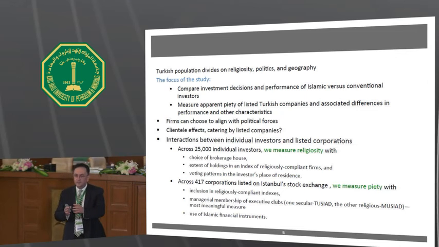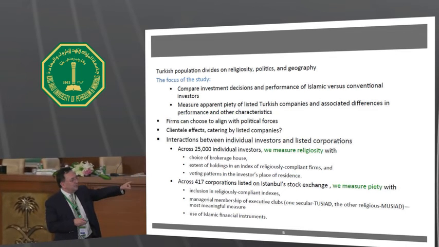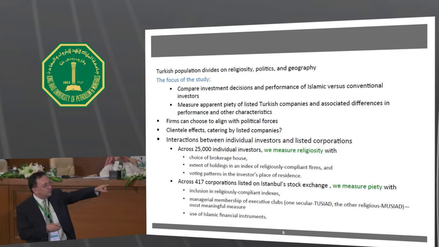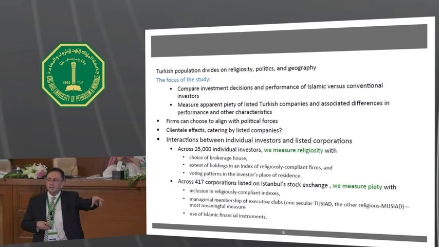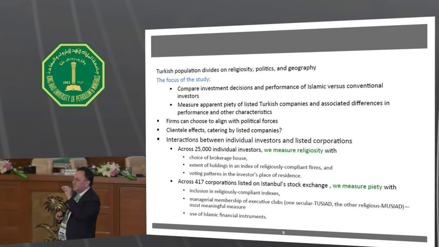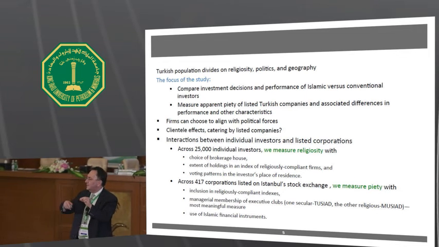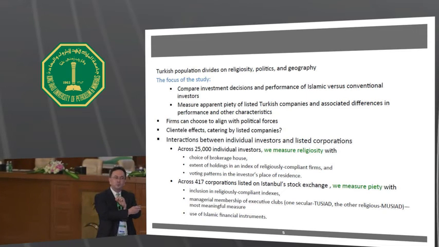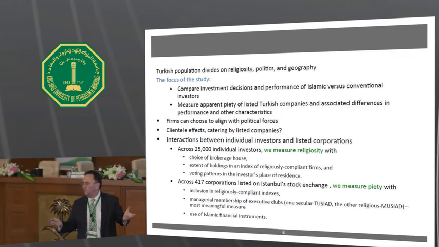Basically, we know their wealth over time. So we use one proxy to measure religiosity, which is the choice of the brokerage house. There are a couple of Islamic brokerage houses, so if you invest through one of them, then we call you an Islamic investor.